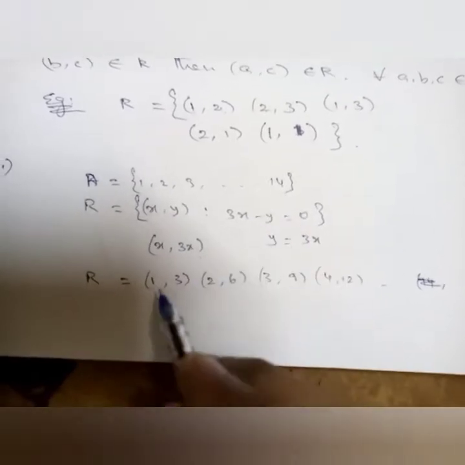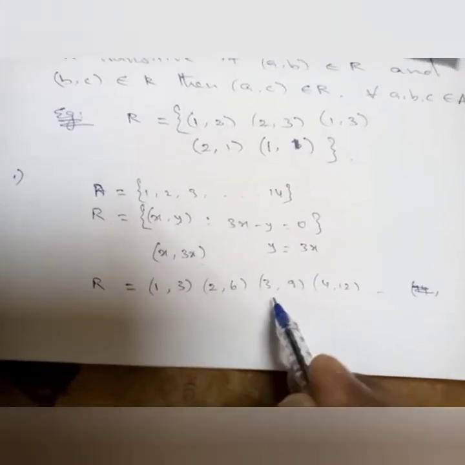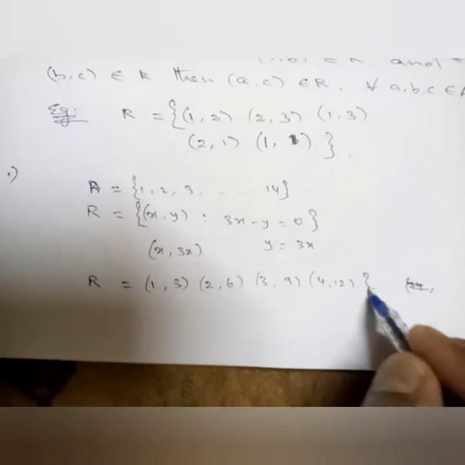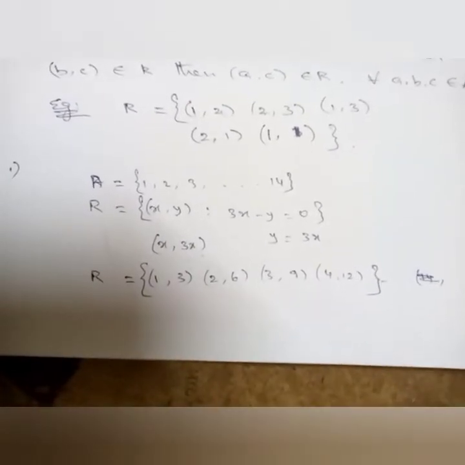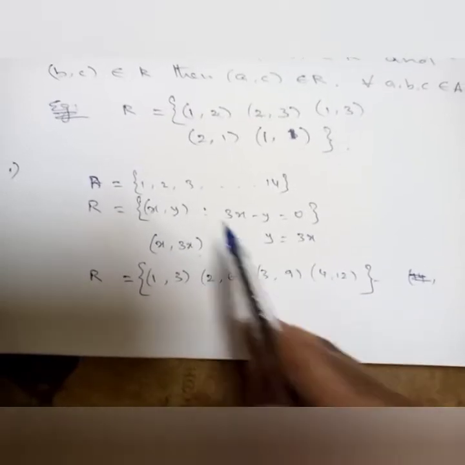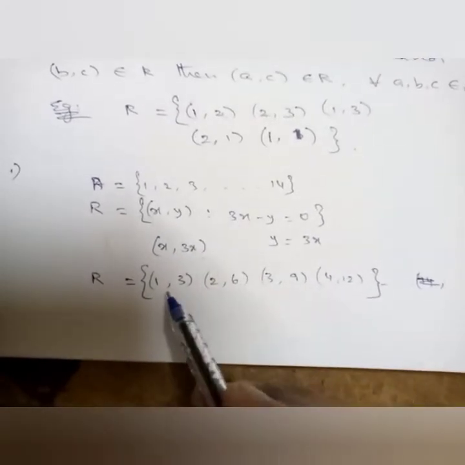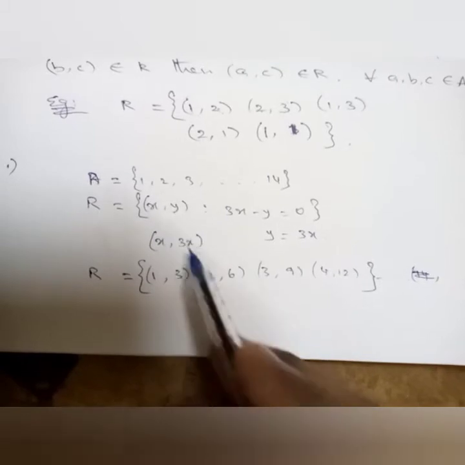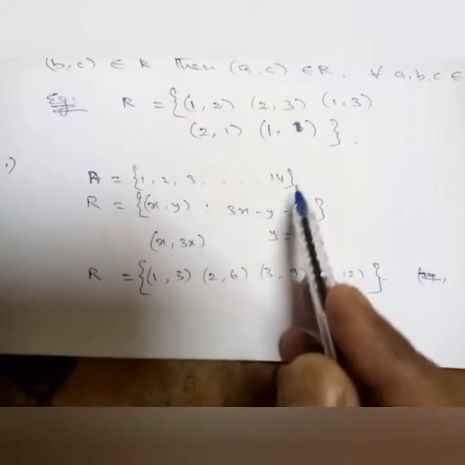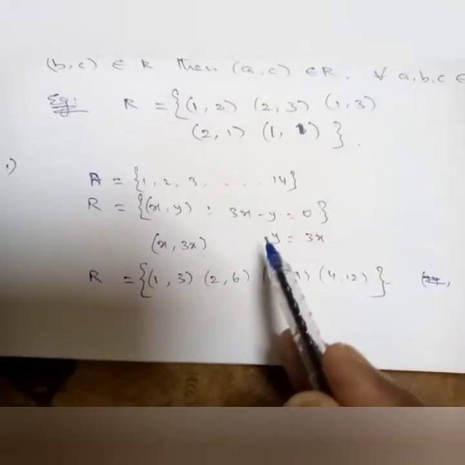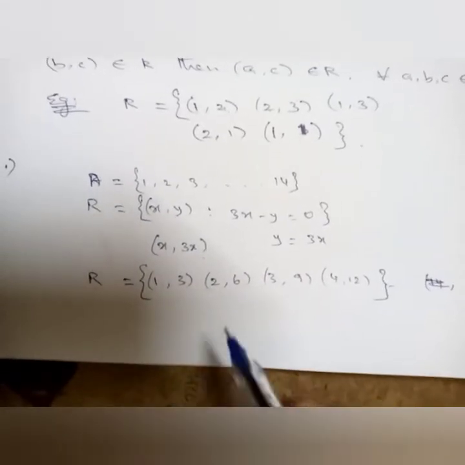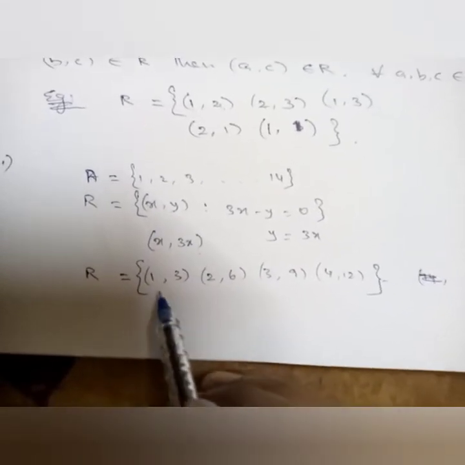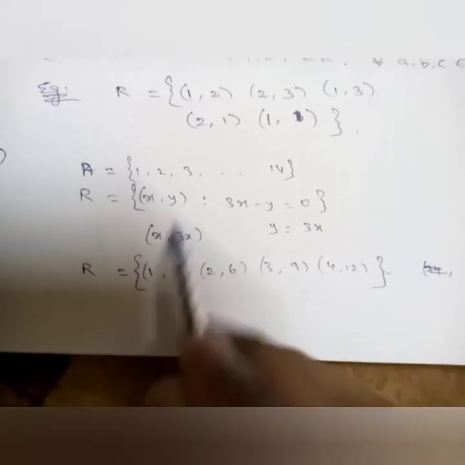So that (1, 3), (2, 6), (3, 9) and (4, 12), only these 4 elements will come in this R. See, for example, x value I am taking 6, then y value, 6 3s are 18, but 18 is not here. Both should be in this A, then only we can take. So which is possible? These 4 elements only possible in this R.